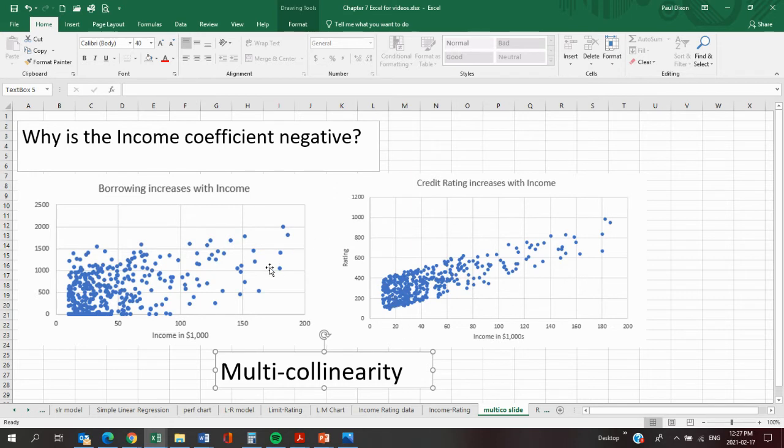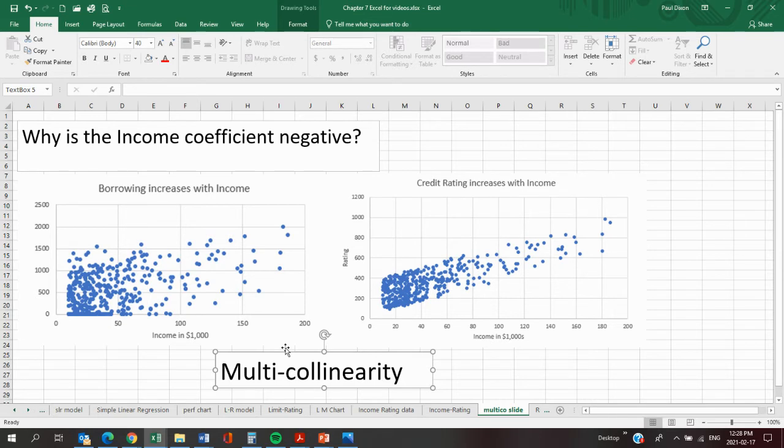And it's fairly commonplace that when you build your model, you'll end up with your variables interacting with each other. And it's very difficult then to separate out the effect of income from the effect of credit rating. From a prediction point of view, maybe I don't care.